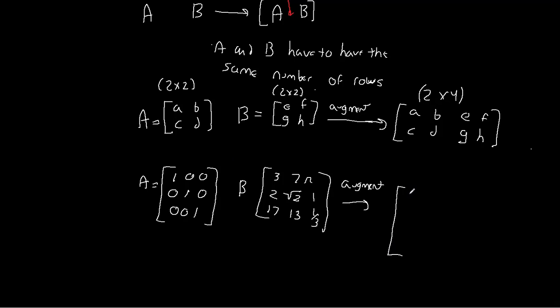So A will go first: 1, 0, 0, 0, 1, 0, 0, 0, 1, and then 3, 7, pi, 2, root 2, 1, 17, 13, and a third.